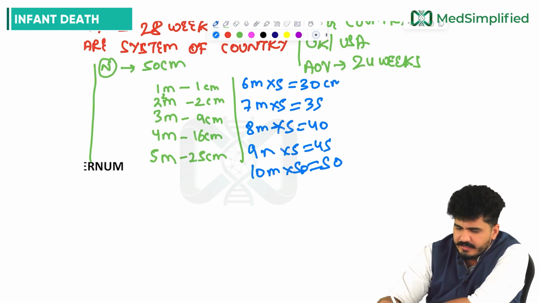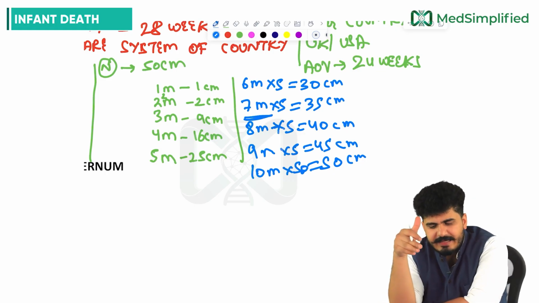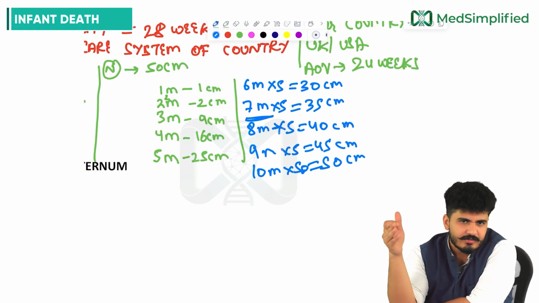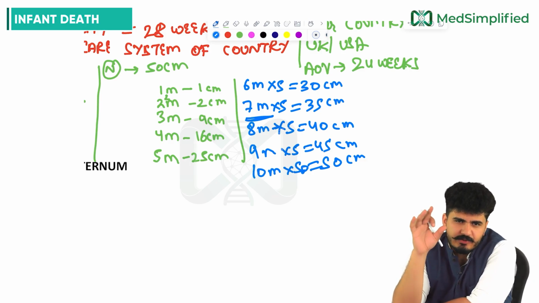So this is the height in centimeters. So from 7 months onwards, the baby is considered viable. The crown to heel length should be at least 35 centimeters.